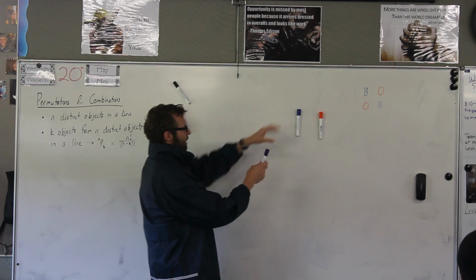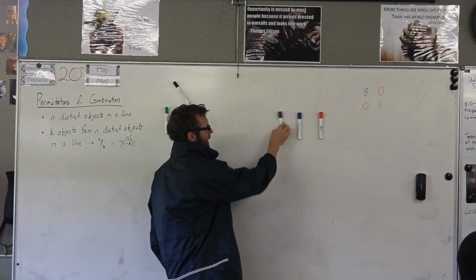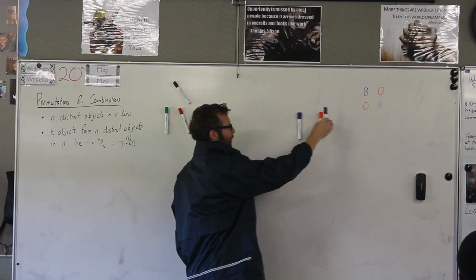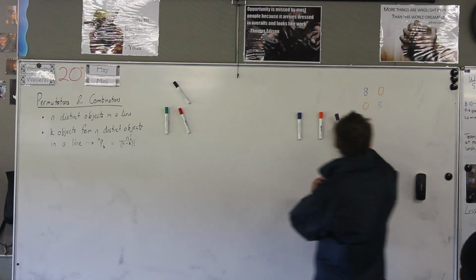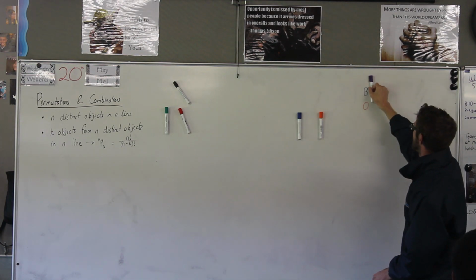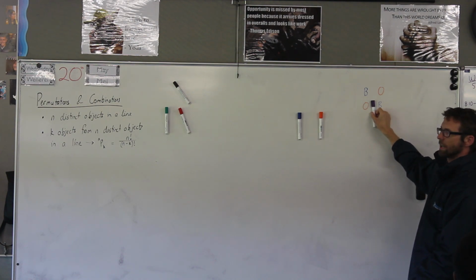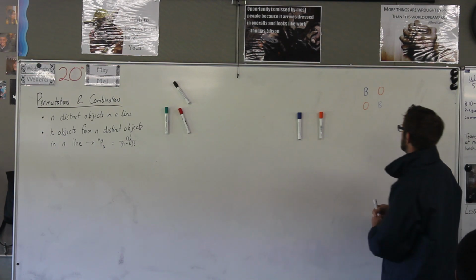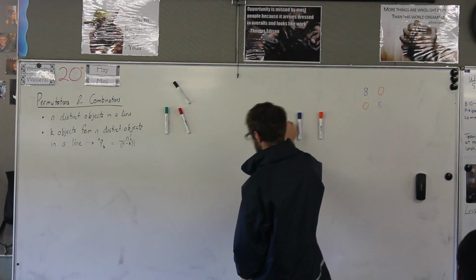So what Amrit is perhaps thinking of here is we could go here, here, or here. That's 3. But then for this one, it could also be here, here, or here. So that's 6 in total, right? Do I have to draw those out? No. Okay, so 6 in total.